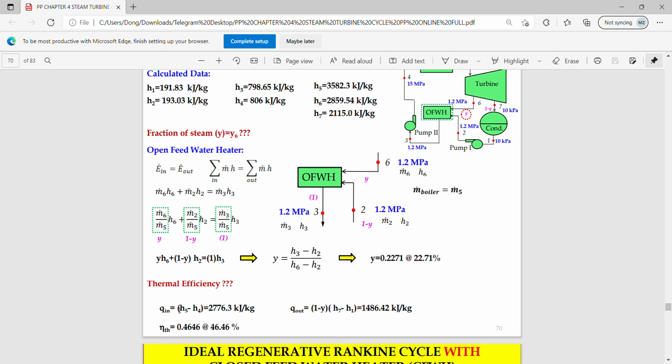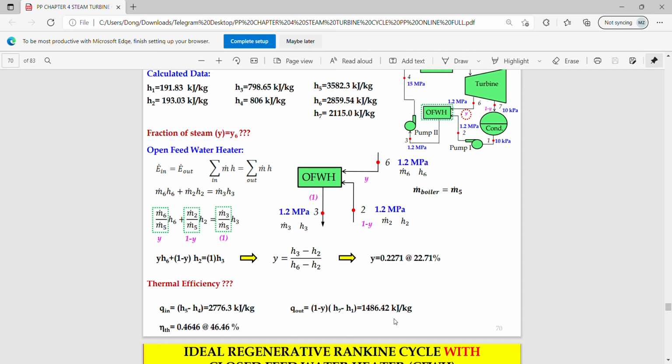Q in is equal to H5 minus H4. We get 2776.3 kilojoule per kilogram. Then we find Q out, (1 minus Y) times (H7 minus H1). We get 1486.42 kilojoule per kilogram.